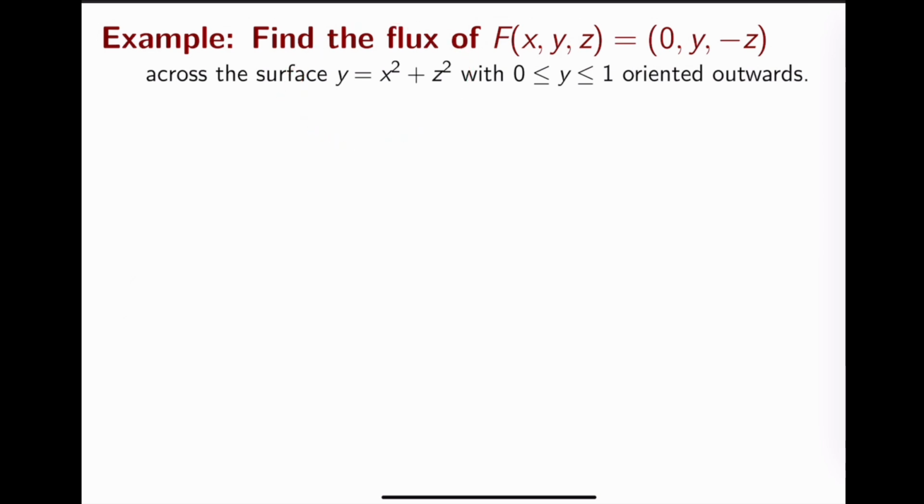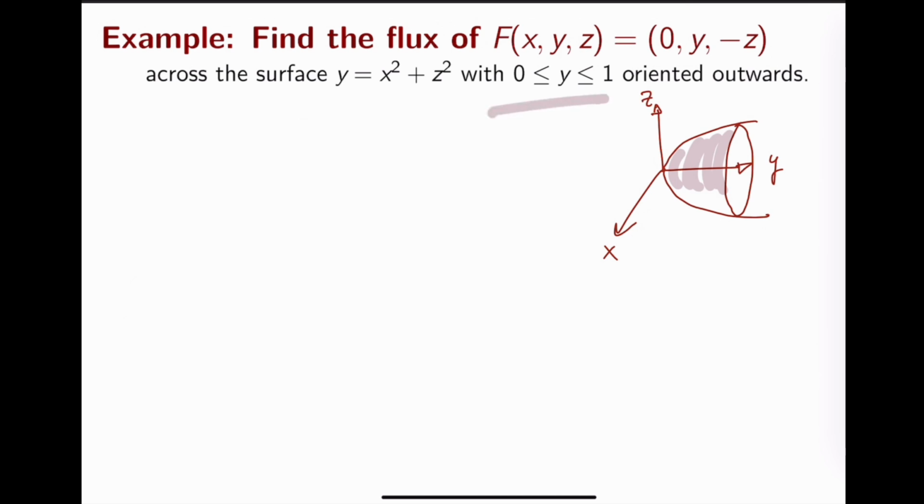This is a paraboloid in this direction. So this is the surface of the paraboloid, and we have y varying between 0 and 1. So if we have here the value 1, this is the piece of paraboloid.